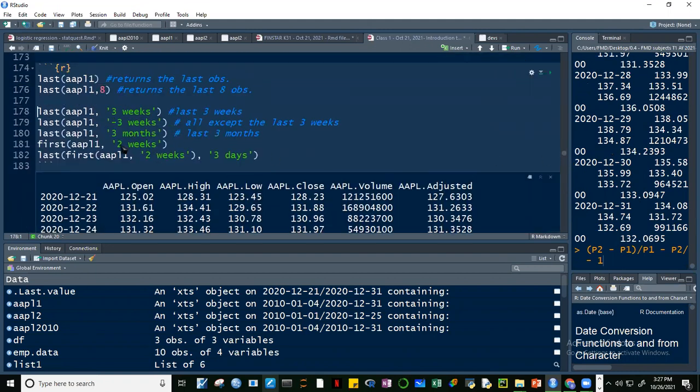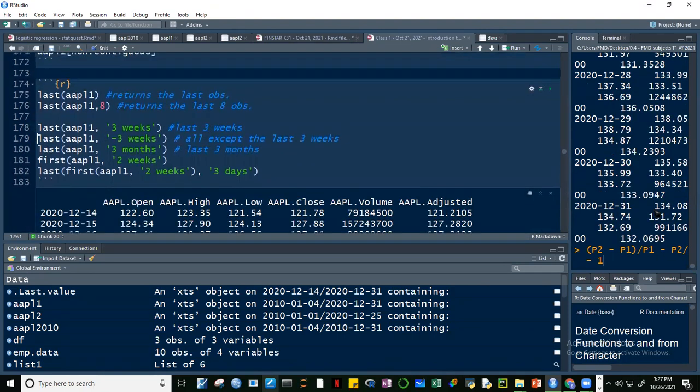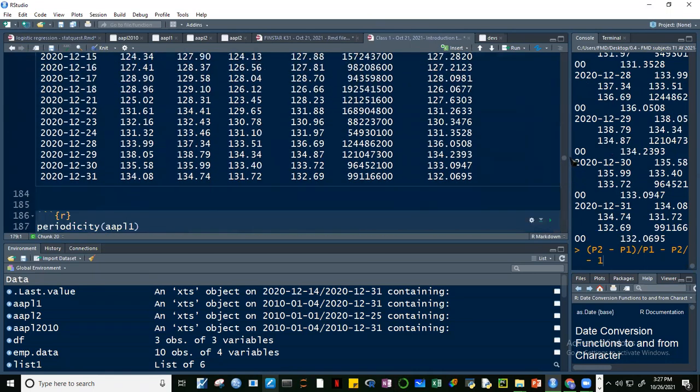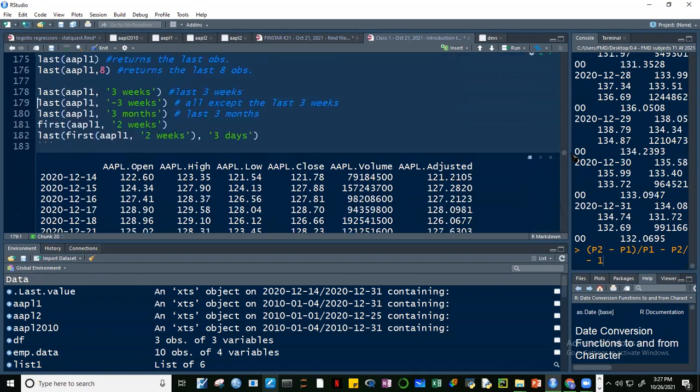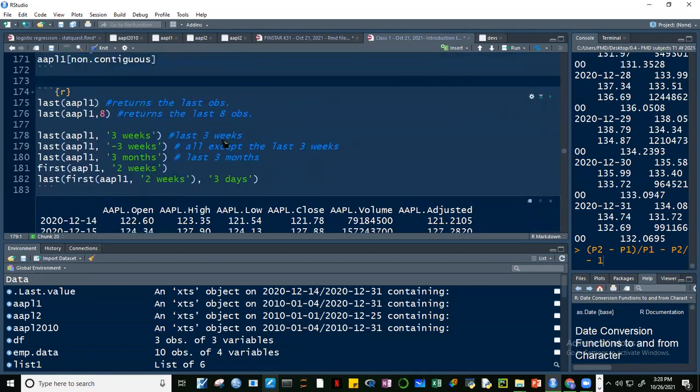And then we can combine this with the other quote unquote quantities. So last Apple, but we want the last 3 weeks. So this is the last 3 weeks for Apple. And how about this? We can ask for everything except the last 3 weeks.